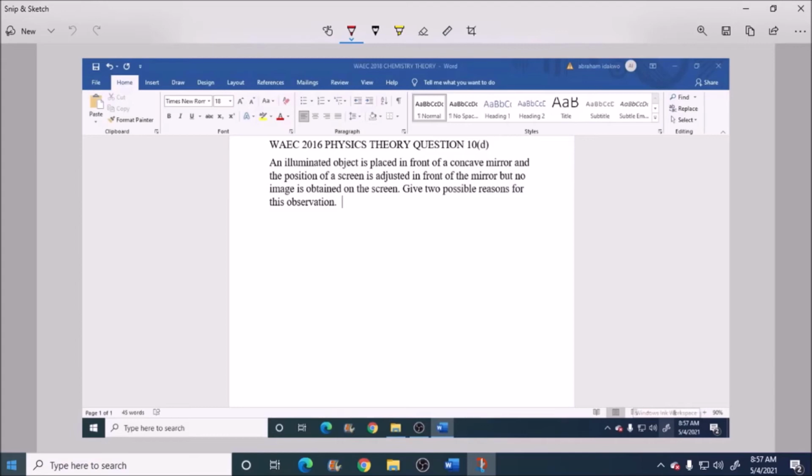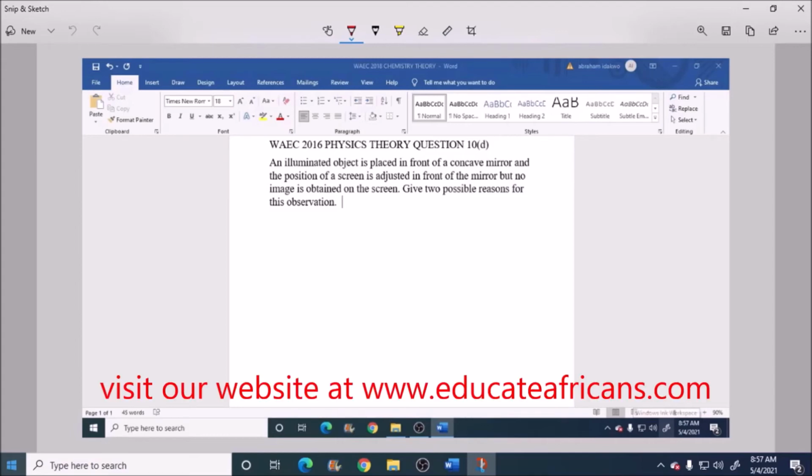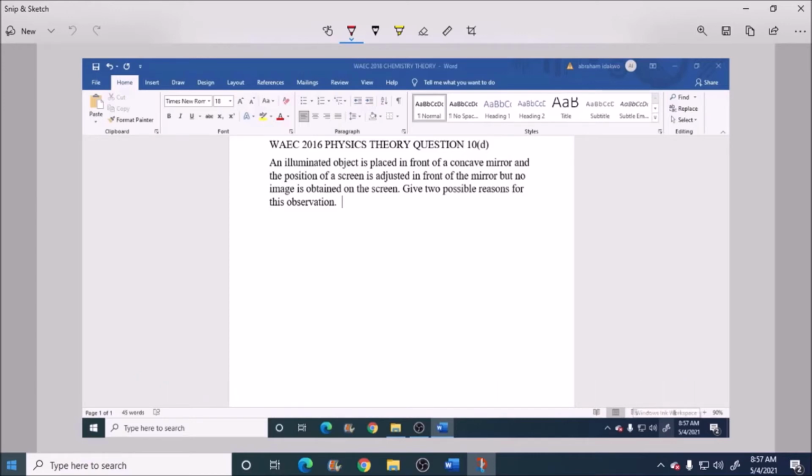Now, no image is obtained on the screen because the object, the screen, and the mirror are not coaxial. Also, the object is placed at the focal point of the mirror.